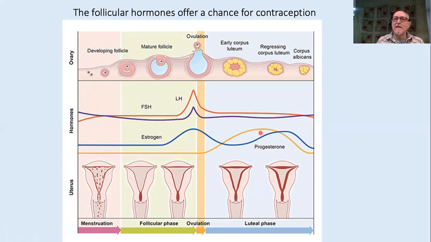So this actually gives us an opportunity for contraception, for interrupting the whole cycle and preventing ovulation and preventing any pregnancy from occurring. And most oral contraceptives in women go for this period here.